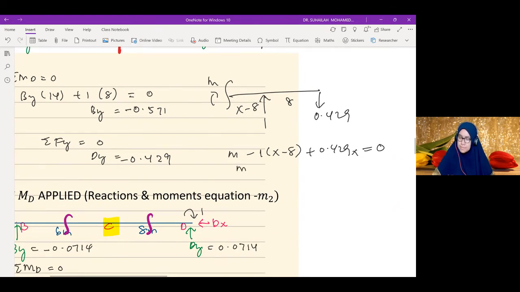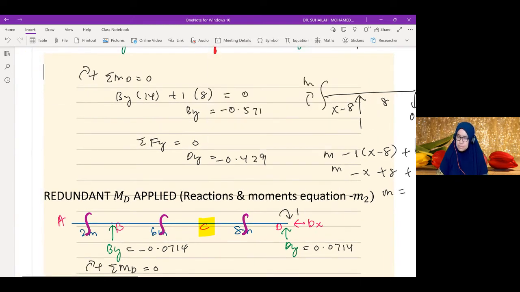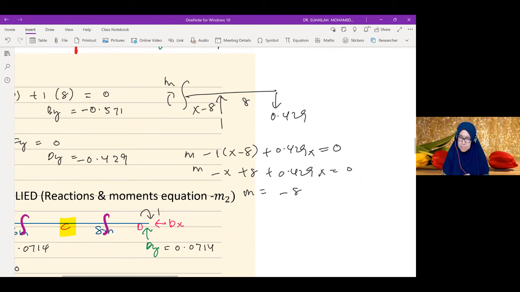So it is M minus x plus 8 plus 0.429x, so M equals negative 8, negative 1, 0.429. So we get 0.571x.